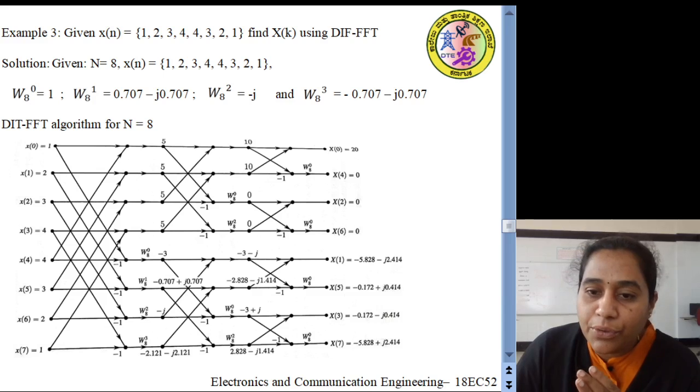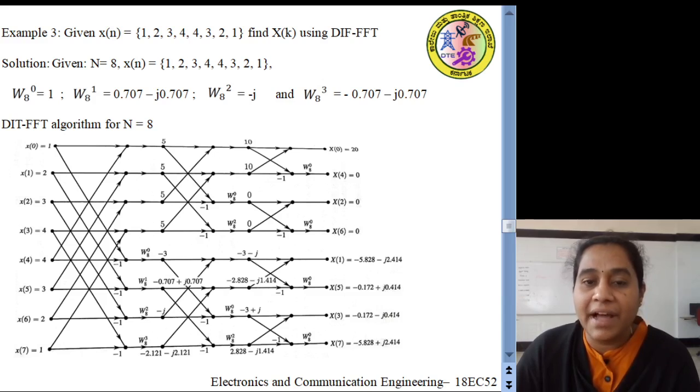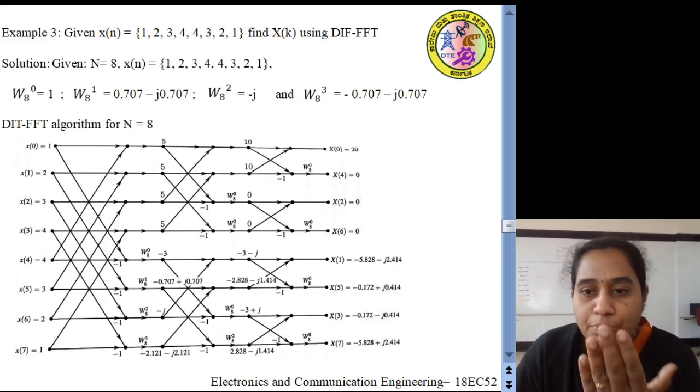If we do the calculations, we obtain the output of the second stage as 10, 10, 0, 0, minus 3 minus j, minus 2.828 minus j 1.414, minus 3 plus j, 2.828 minus j 1.414. And now we consider these outputs as input to the last stage.